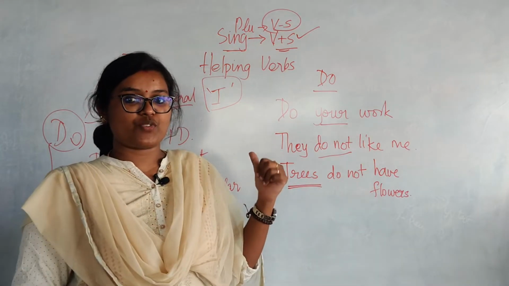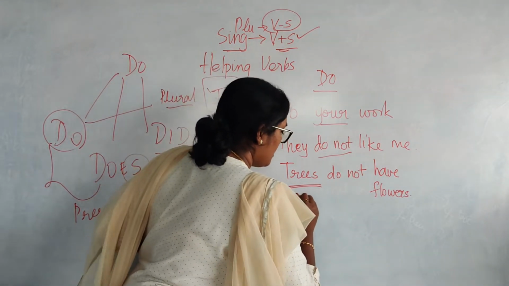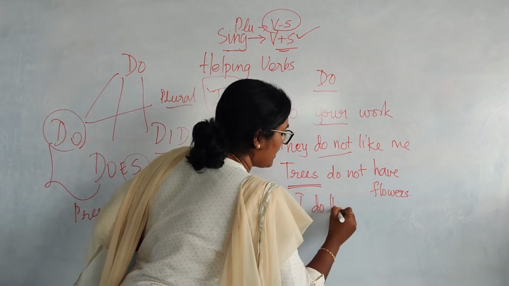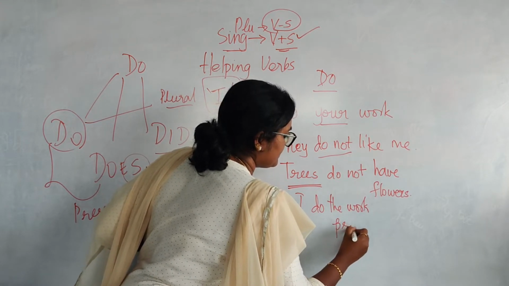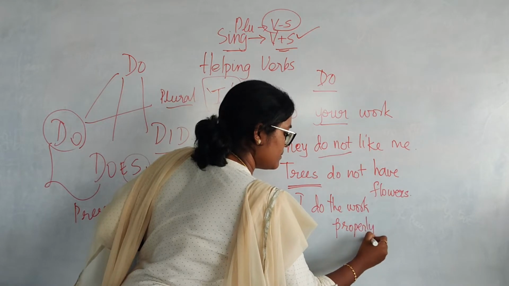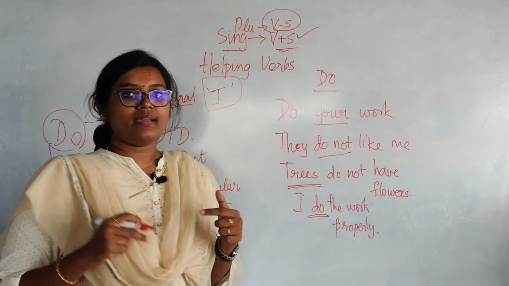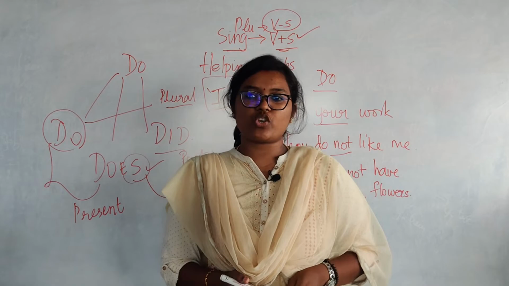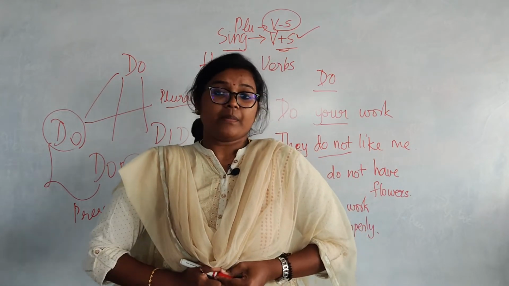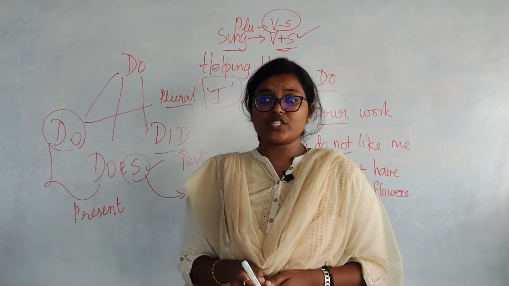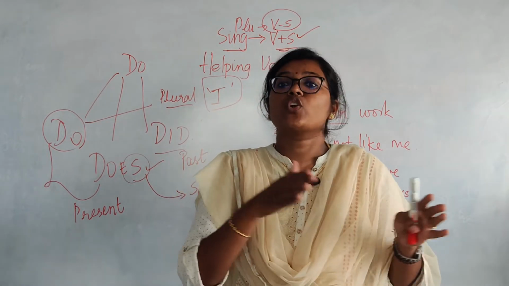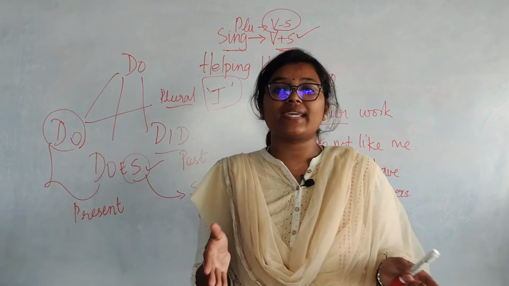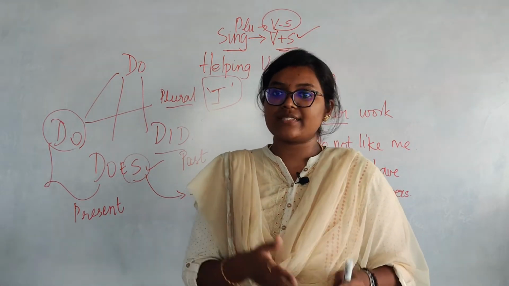Now, an exception is I. I do the work properly. So that's the only exception here that you should remember. Otherwise, for all singulars, we use does except I. And for all plurals, inclusive of I, we use do if it is in the present tense.